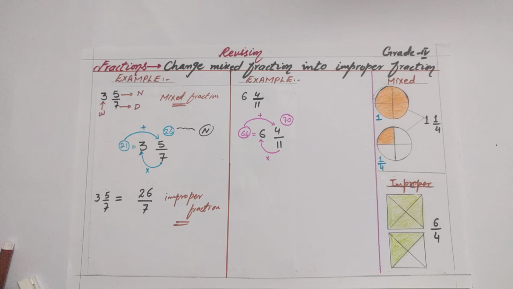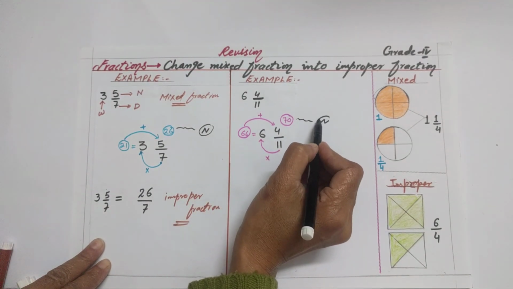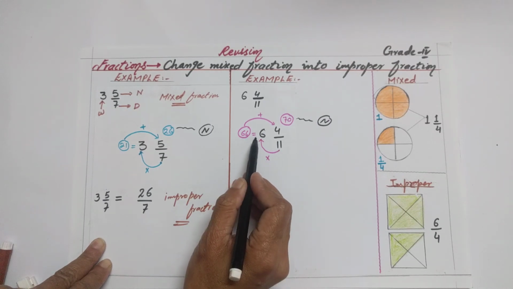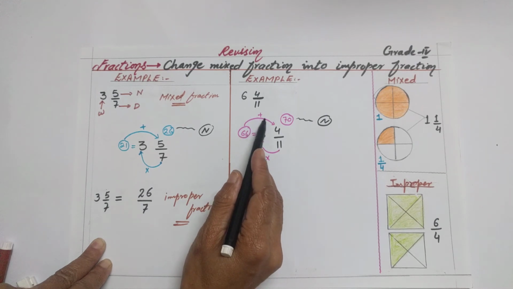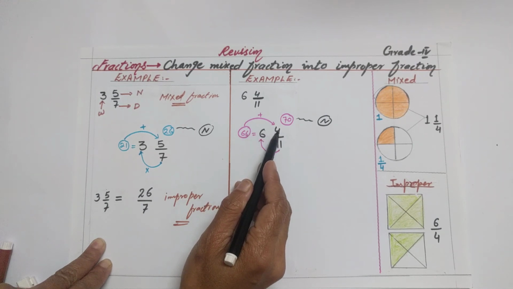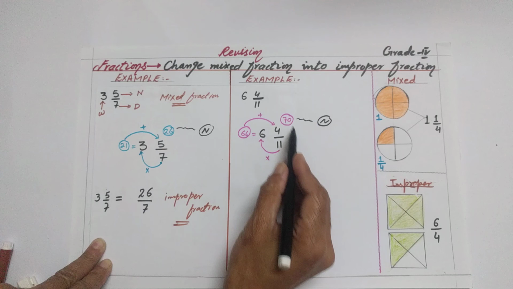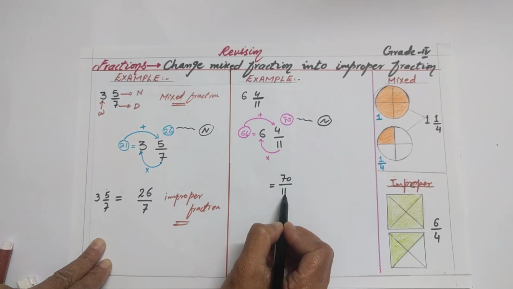It means our new numerator is 70. So firstly we multiply the denominator by the whole. 11 6s are 66. Then add this answer to the numerator of the proper fraction. So 66 plus 4 is equal to 70. Now our new numerator is 70 and the denominator will be the same, 11.